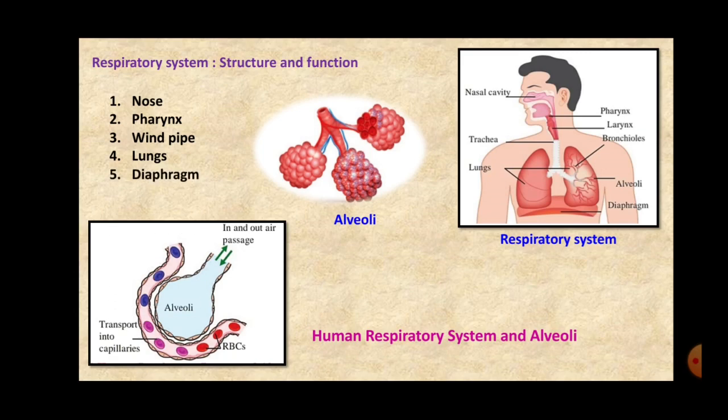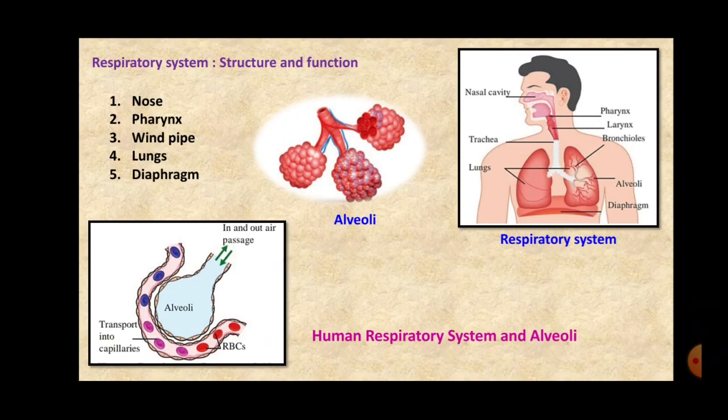Then let's come to the fifth organ of the respiratory system, that is the diaphragm. Now you can see below the two lungs there is a semicircular shaped layer that is called as diaphragm. Now this diaphragm is a muscular partition which is present at the base of the thoracic cage.